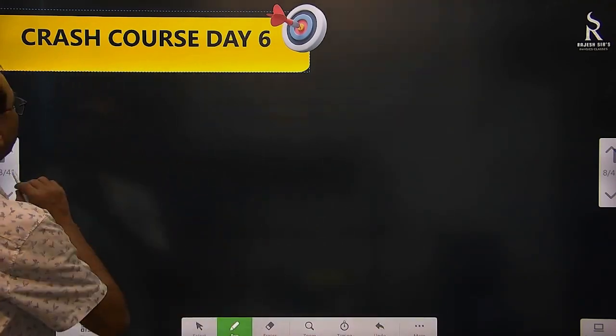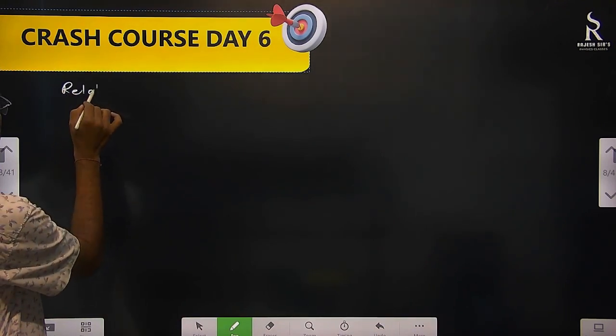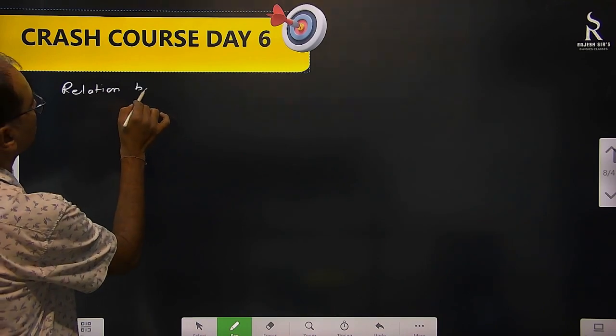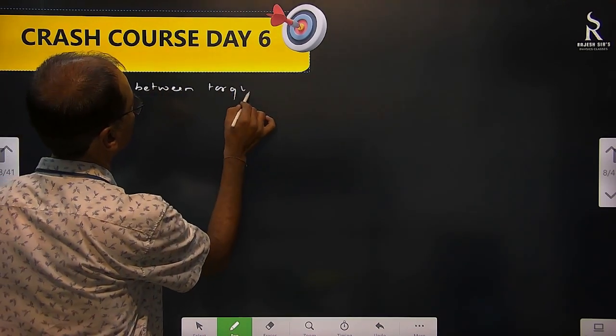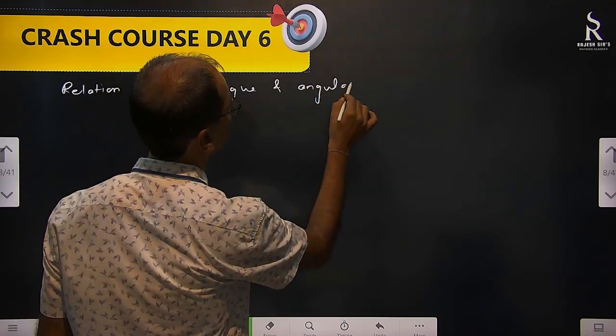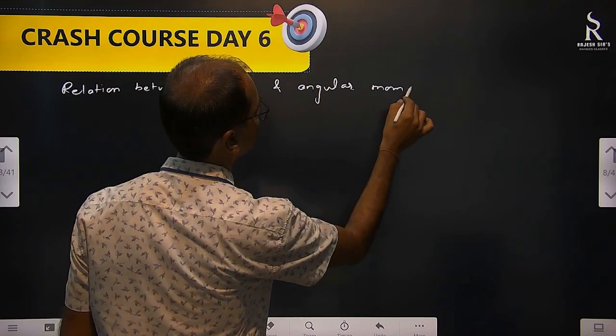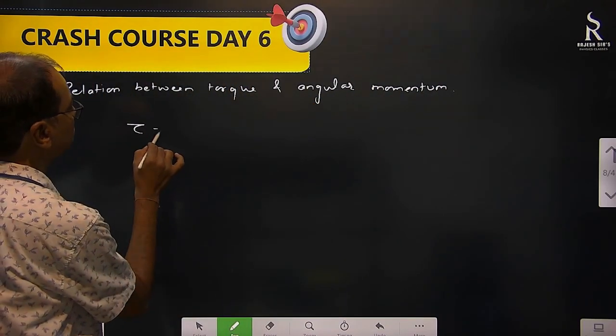Then the relation between torque and angular momentum. We already know that relation; we discussed it yesterday. What is that? Torque is dL by dt.